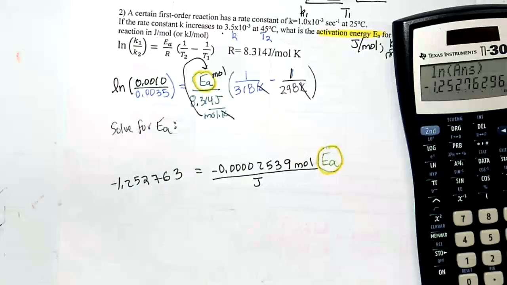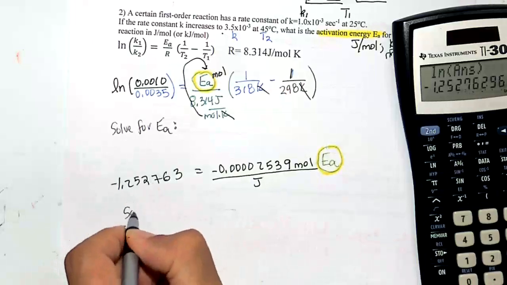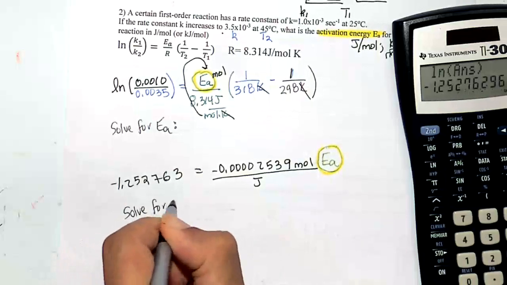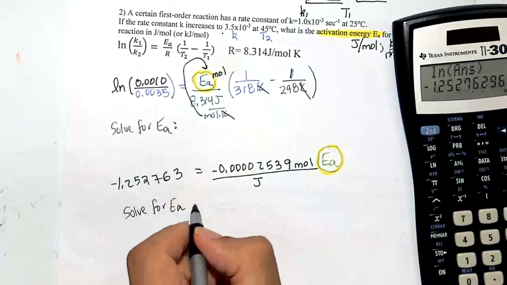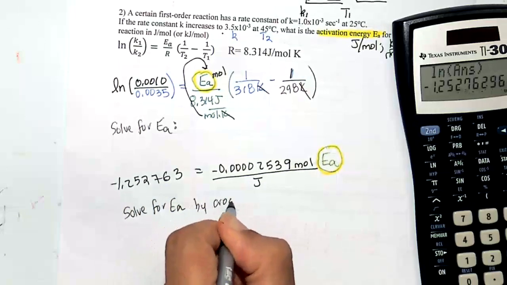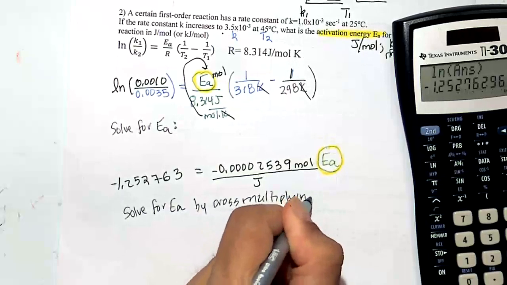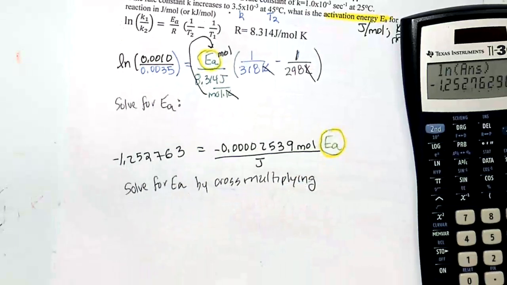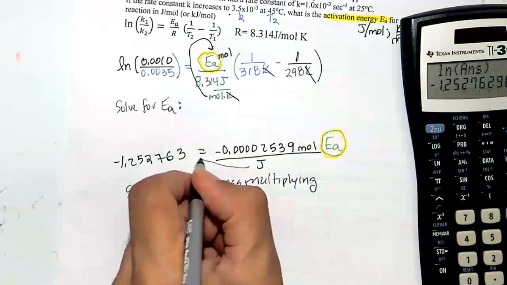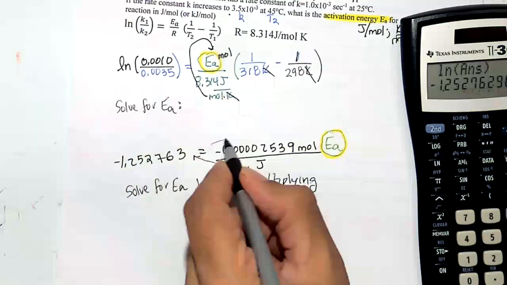So we will solve for EA by cross multiplying. Let's go ahead and do that. Okay, the joules goes here.